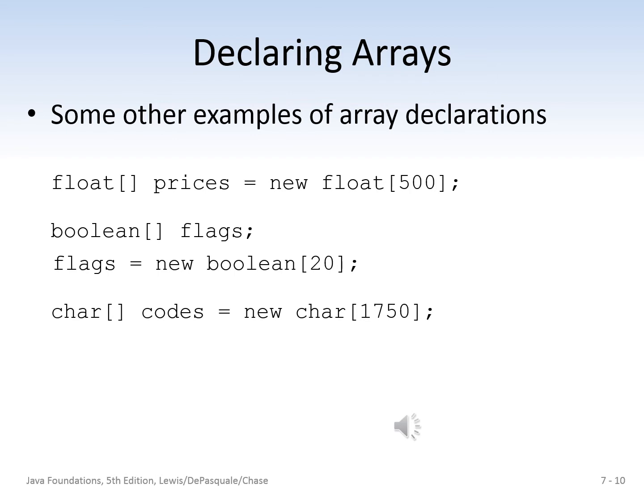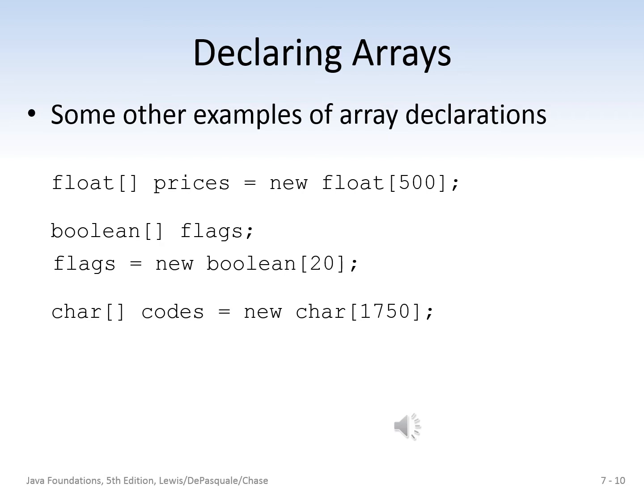Here we have some other examples of array declarations. New float 500 creates an array object of 500 floats and assigns it to the object reference variable prices.